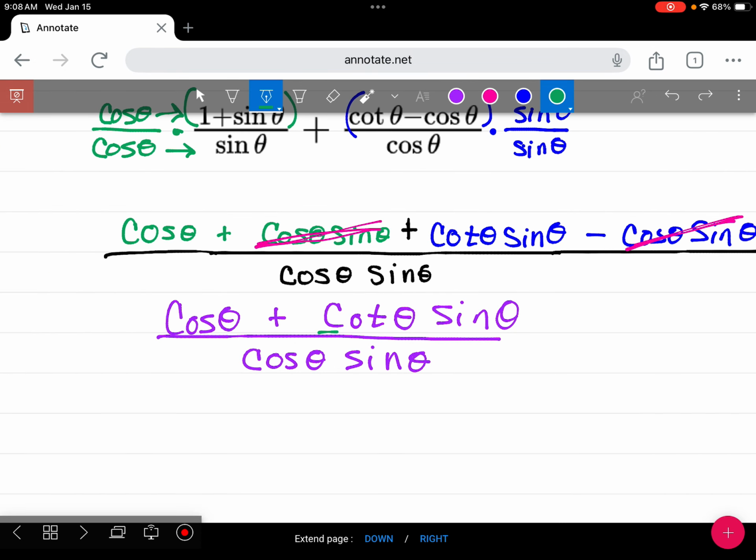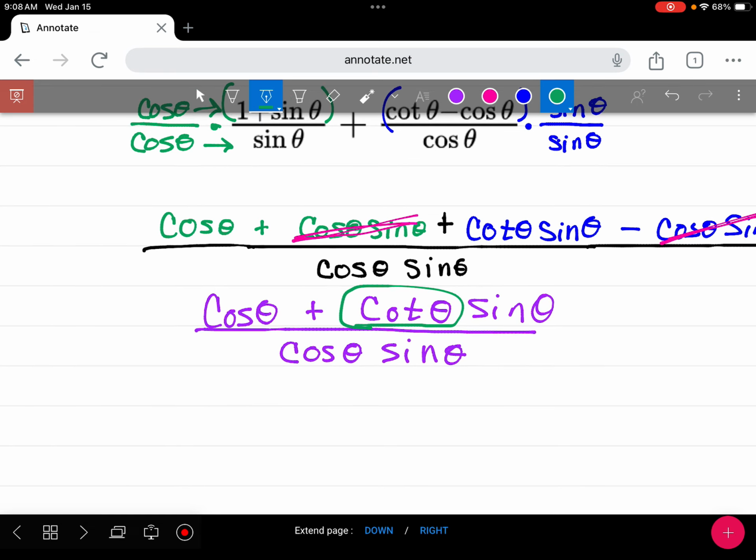How do I write cotangent in terms of sine and cosine? Because everybody else here is in terms of sine and cosine. It's the reciprocal of tangent, but let's do it as sines and cosines. It's 1 over tangent.